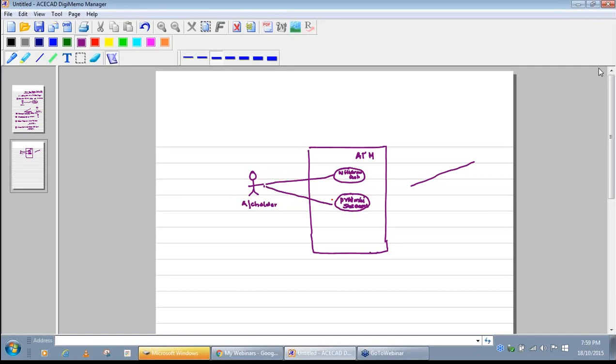So this is what we learned as the first relationship, which was association between an actor and a use case.